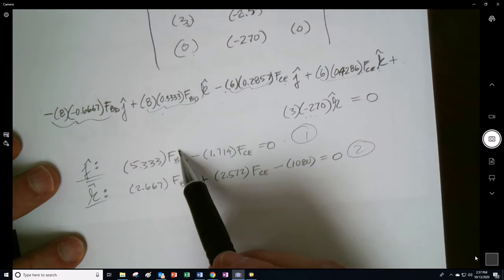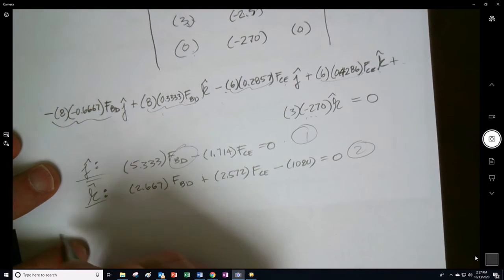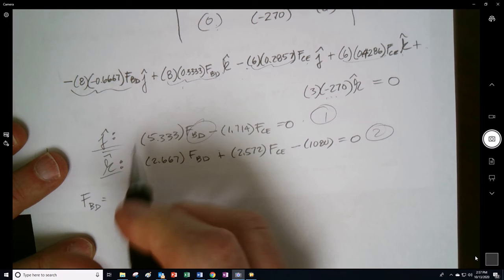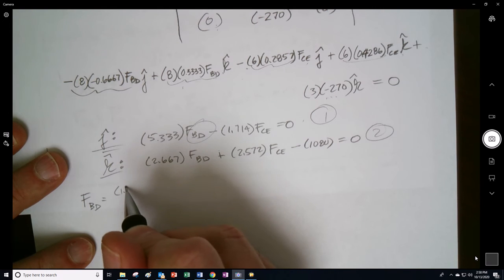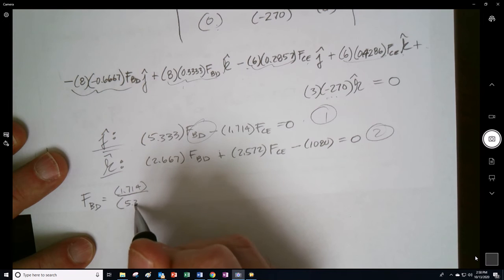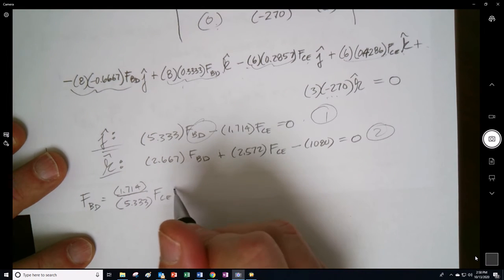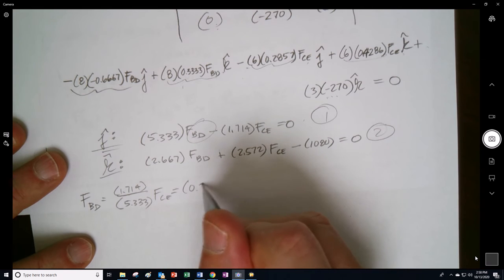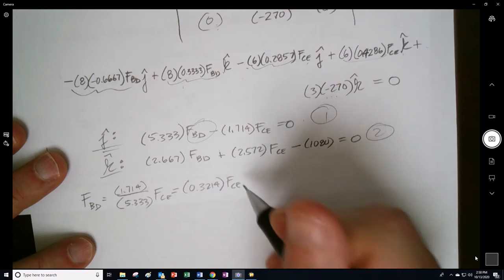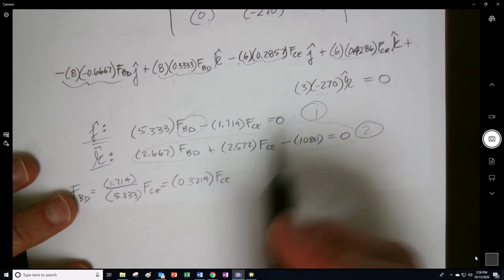So here's one equation, here's two equations. What I did is I solved for FBD, right? So I found that FBD was going to be equal to 1.714 divided by 5.333 FCE. That comes out to 0.3214 FCE. And then I can put this back into here.